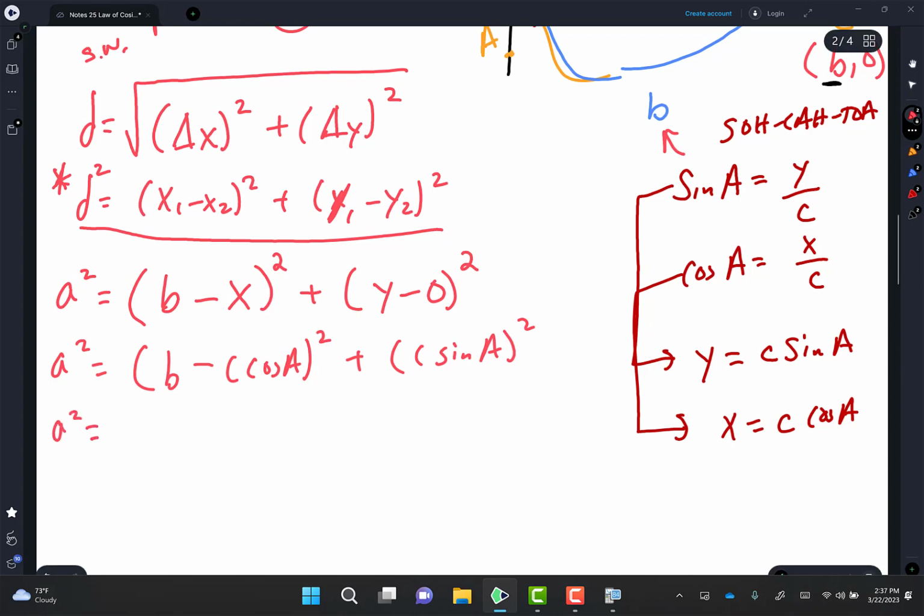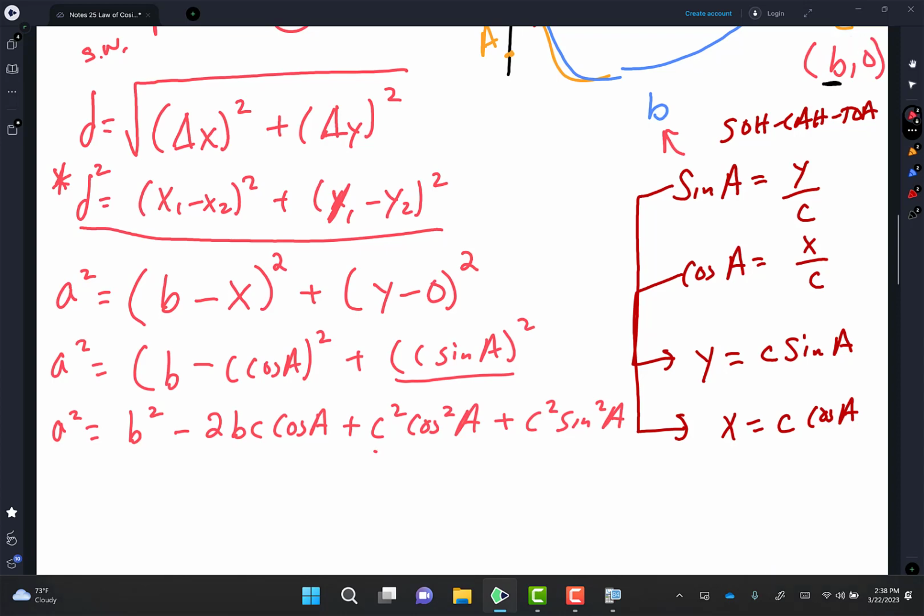A squared equals B times B, B squared, minus B times C cosine A is BC cosine A, but how many of those am I going to have? So 2BC cosine A, plus, because negative times a negative, C cosine A times C cosine A is C cosine A all squared. I'm going to write it like this: C squared cosine squared A. Plus, if I just square this, it's going to be C squared sine squared A. Am I okay?